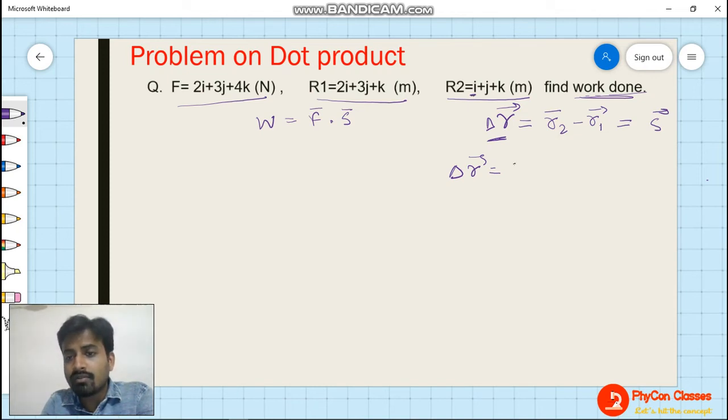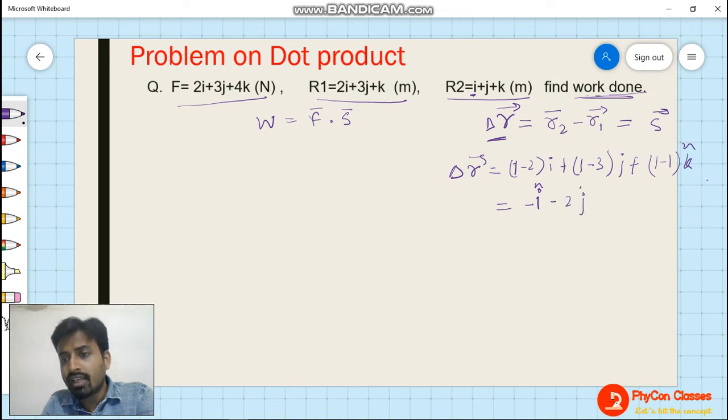So 1 minus 2 i cap plus 1 minus 3 j cap plus 1 minus 1 k cap. Clear? So this will be minus i cap minus 2 j cap and 0 k cap. So this will be our final answer for displacement. Our displacement is minus i cap minus 2j cap.